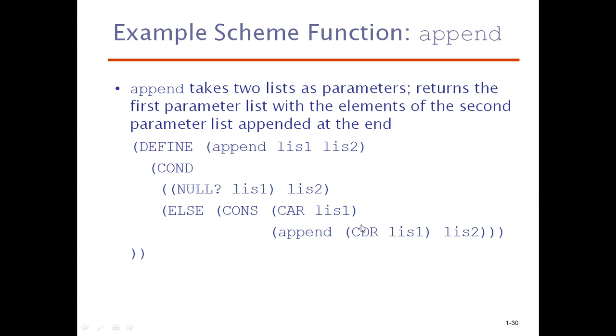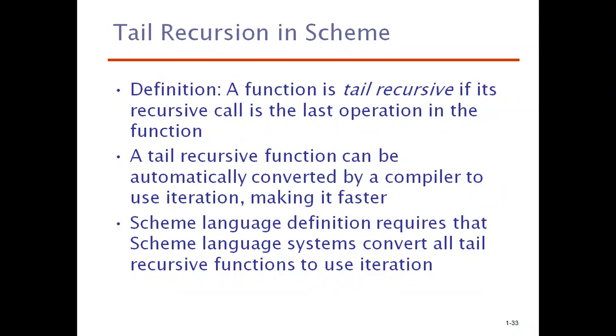So in all the functions so far, tail recursion is used. Tail recursion means a function is tail recursive if its recursive call is the last operation in the function. That means the recursion will be at the end of the function. A tail recursive function can be automatically converted by a compiler to use iteration, thereby the compilation or running efficiency of the program improves, or it will make it faster for execution.